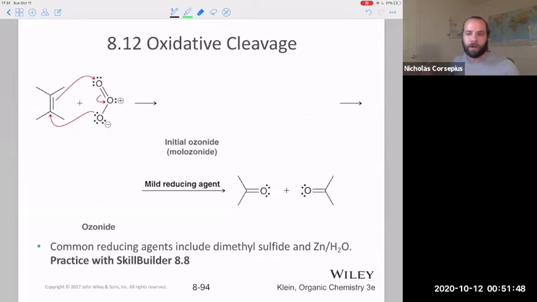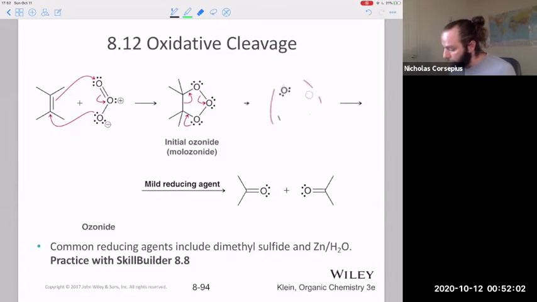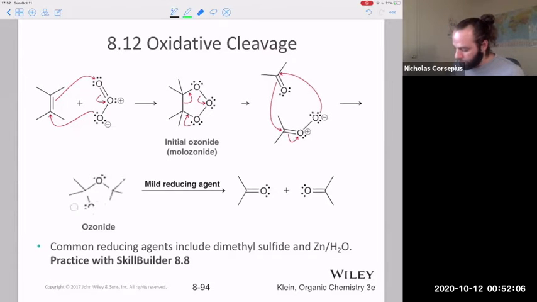But of course, this is happening all in one step, so we don't call it a carbocation, but the partially positive carbon that's left over after that double bond plays the role of the nucleophile. So this forms a cyclic intermediate, which will rearrange itself in some complicated fashion to form another cyclic ozonide intermediate. These are pretty unstable, but they are isolatable.